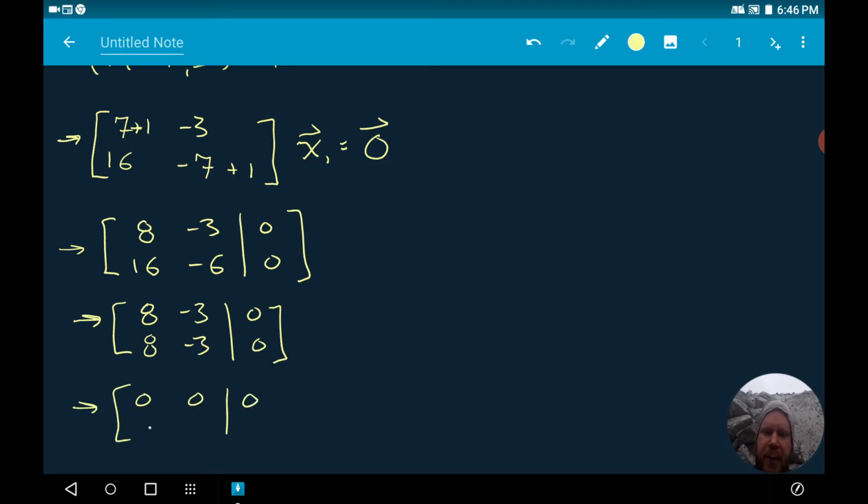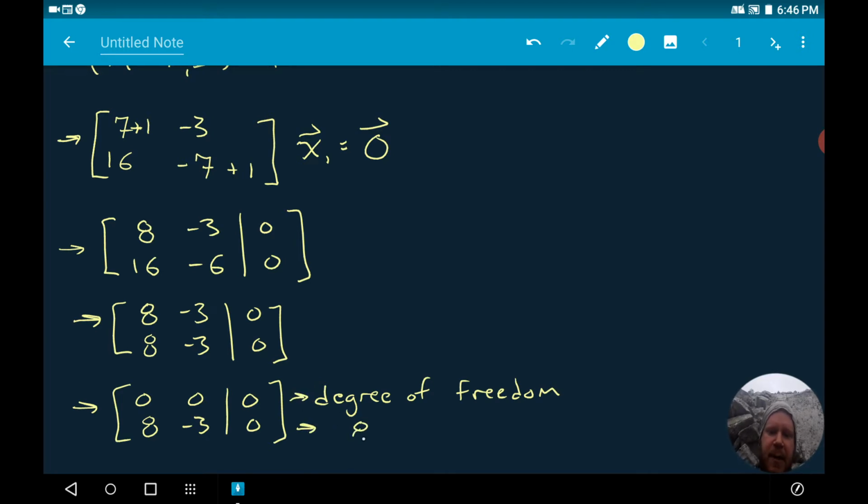And then subtract it from the top row. What this tells me is that I've got 1 degree of freedom. And this tells me that 8x1 minus 3x2 is equal to 0.